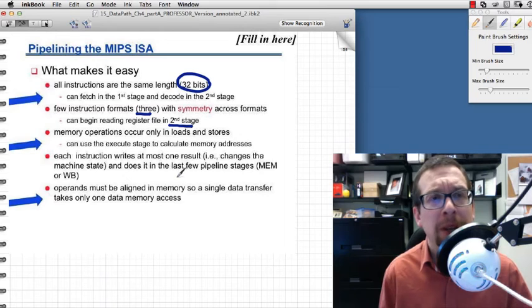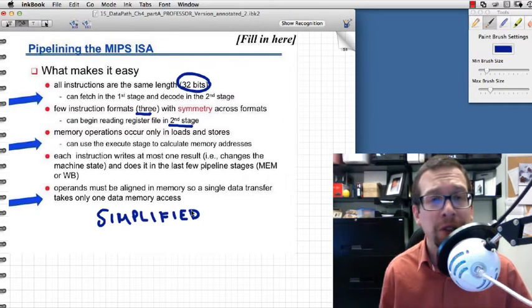And the operands must be aligned in memory, so single data transfer takes only one data memory access, and that's really important as well. So all of this means that we have simplified the whole process of fetching, decoding, executing, and storing of the result of these different operations. So it makes pipelining relatively straightforward.